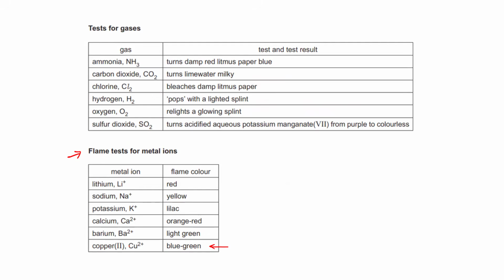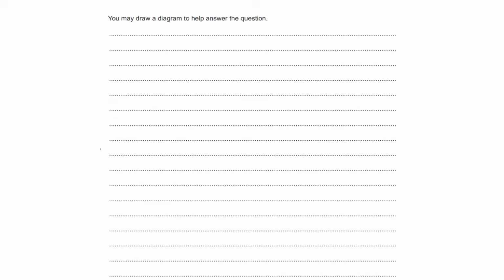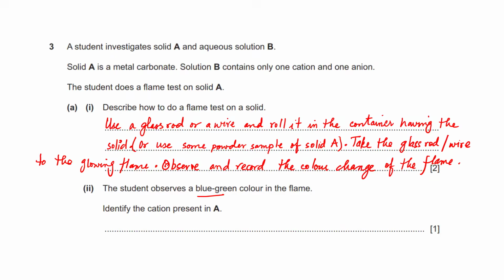It means that the cations are copper(II) ions. So just simply write from there that the cations are copper(II), or you can write Cu2+ cations.